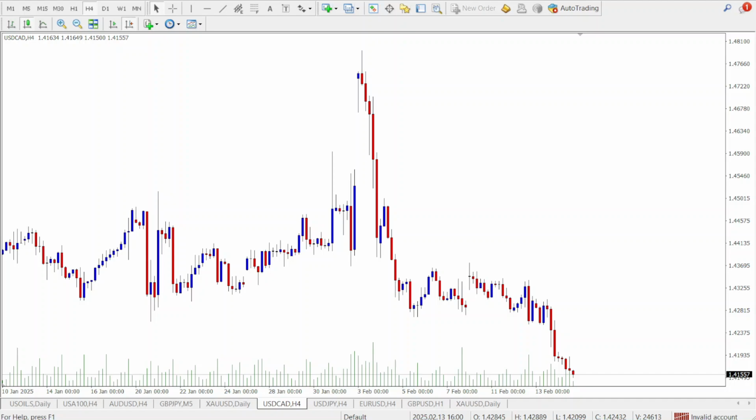Now, momentum trading is all about riding the wave of strong price movements. When a currency pair or an asset is moving quickly in one direction, momentum traders look to jump in and ride the trend for as long as possible. The idea is simple.